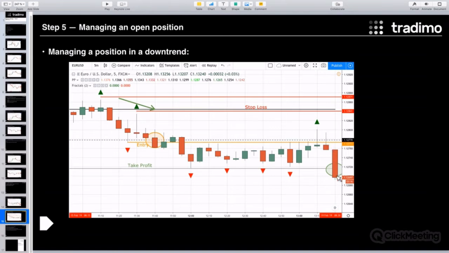And then this bearish candle here appears, which leads our trade into the take profit level. And this, for example, was a winner. The stop loss was not triggered, to our fortune, but the take profit was. So this was a winning trade.